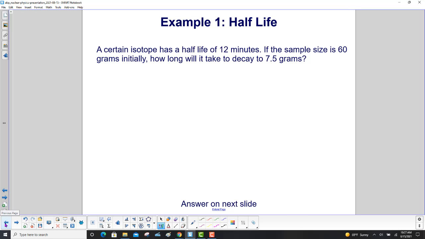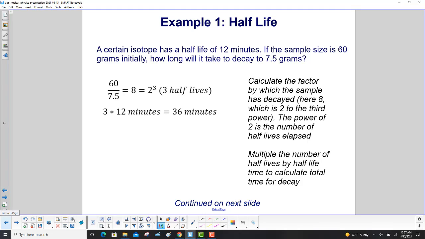A certain isotope has a half-life of 12 minutes. If the sample size is 60 grams initially, how long will it take to decay to 7.5 grams? Calculate the factor by which the sample has decayed. Here it's 8. What you do is you have 60 grams in the beginning and you have 7.5 at the end. You divide those two and you get the number 8.